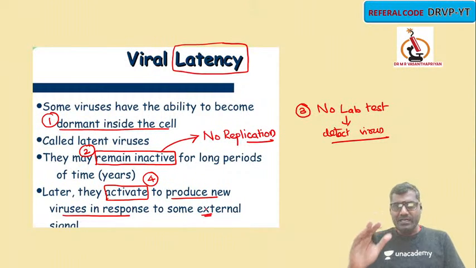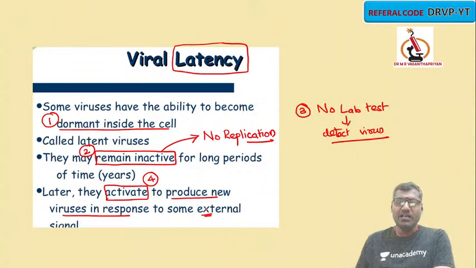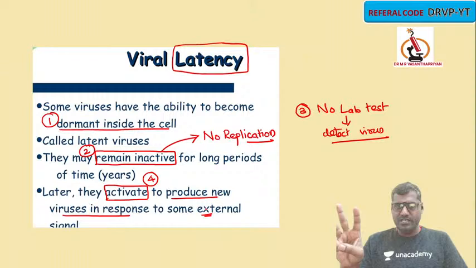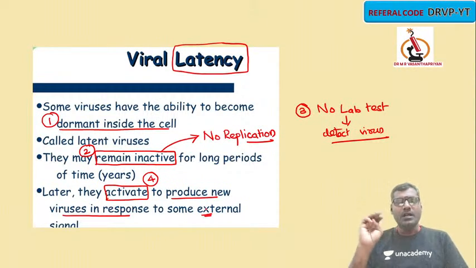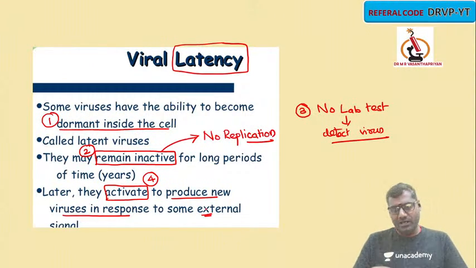So what are the criteria to be taken as latency? Number one, the virus is present in the cell in a dormant state. Number two, the virus has no replication and remains inactive. Number three, we cannot demonstrate the virus by any laboratory test. Number four, the virus will be reactivated and produce a new response or new disease, which differs slightly or completely from the primary infection, called reactivation.